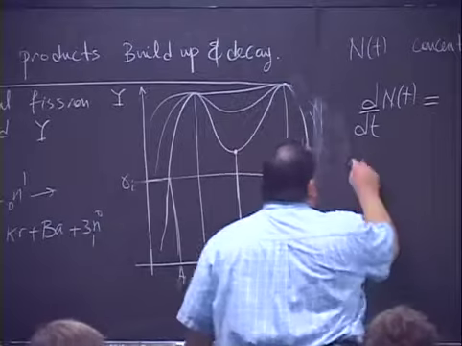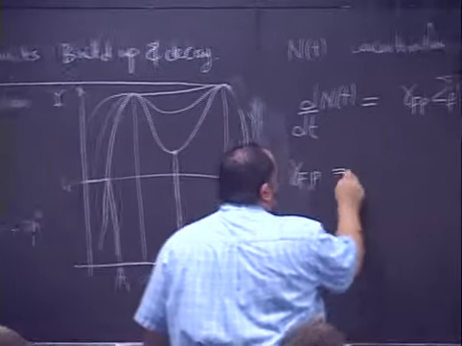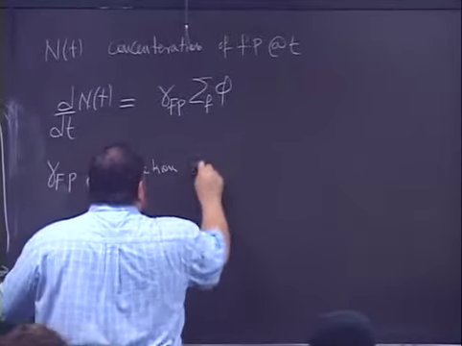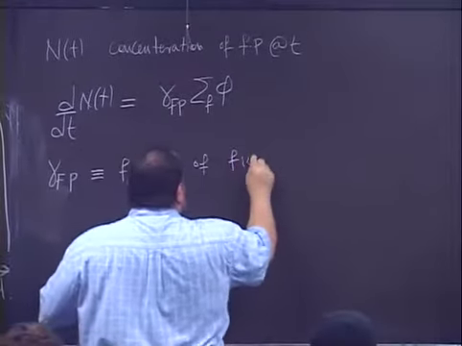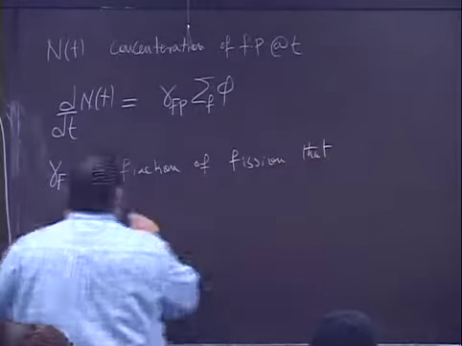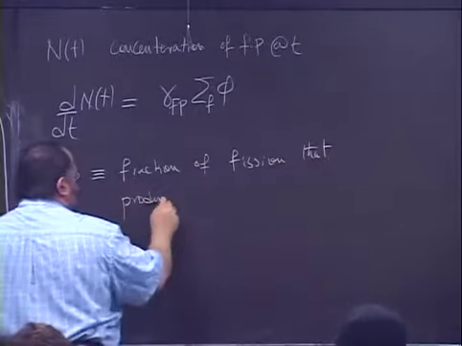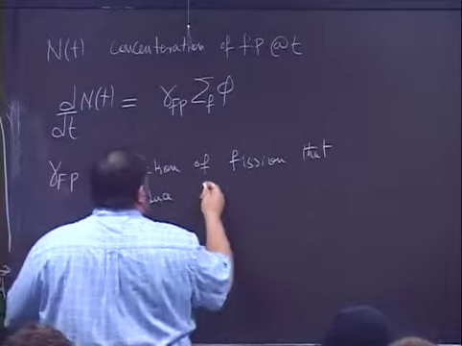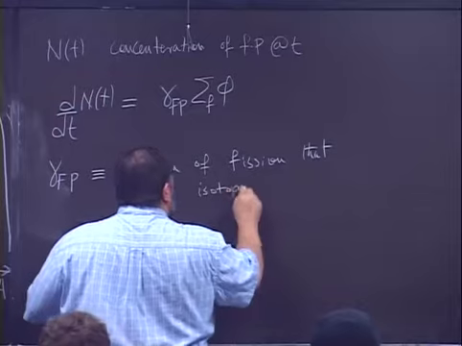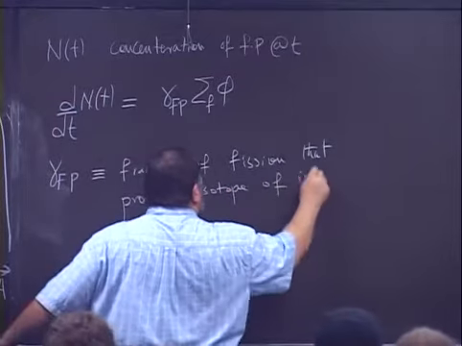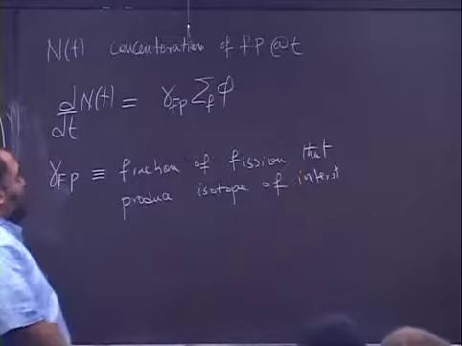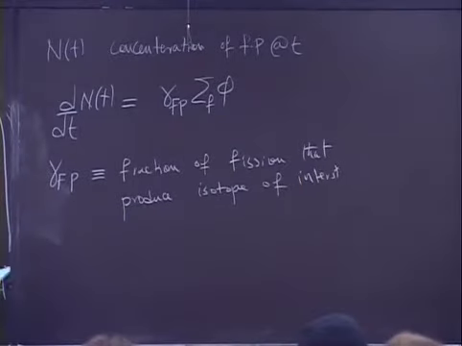So gamma FP is the fraction of fission that produce the isotope of interest. We will see what isotope of interest in subsequent lectures.